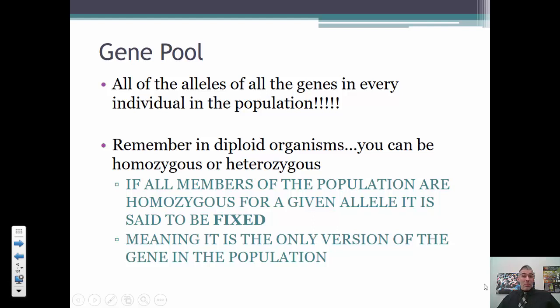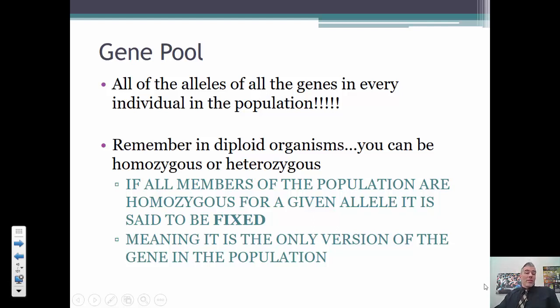Well, the big B, big B individual had 2, and the big B, little b individual had 1. So they have 3 big B's. And how many little b's? Well, the heterozygous individual had 1, and then the homozygous recessive individual had 2. So there's 3. So the frequency of the dominant allele in this case would be 3 over 6 total, which would be 1/2, or 0.5. And the frequency of the recessive allele would be, again, 1/2, or 0.5. Okay?